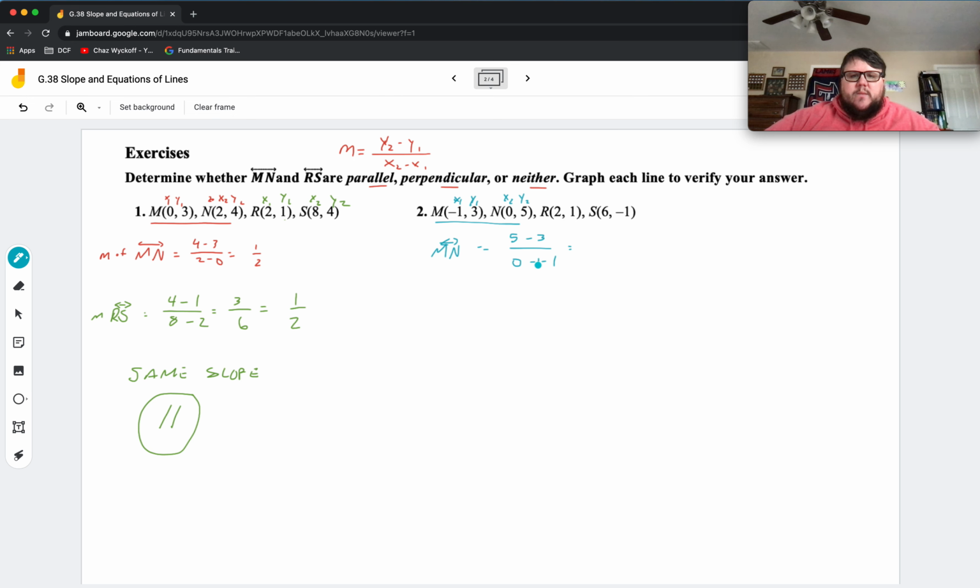And remember, when we subtract -1, we add it. So 5 minus 3 is 2 over 1, which is 2. So our slope of MN is 2. Now we're going to do our slope of RS.